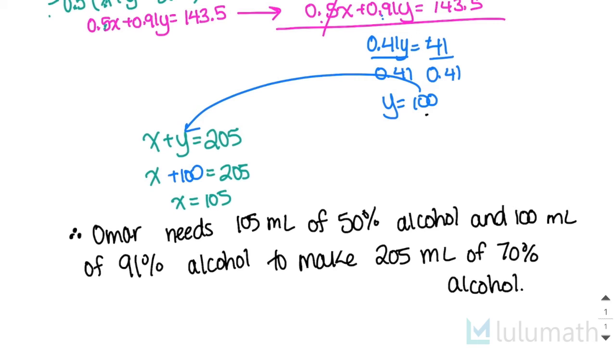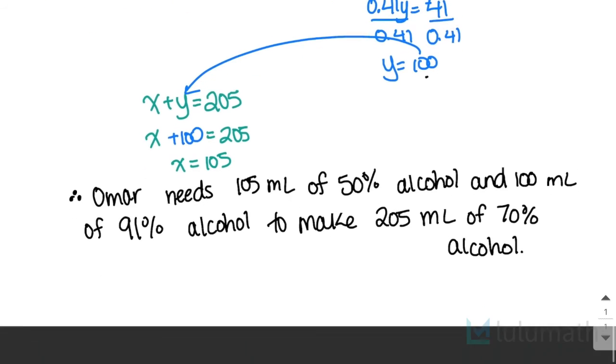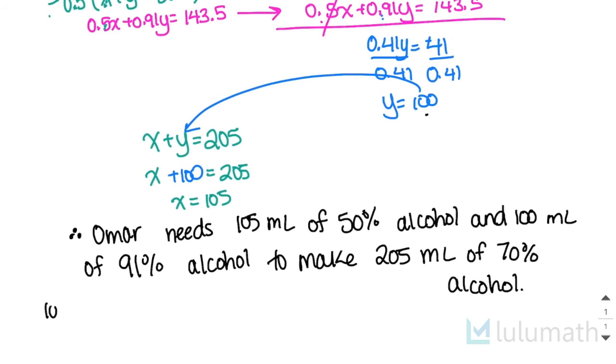Now we just need to see, does our answer make sense? Well, it should make sense because 105 milliliters plus 100 milliliters is equal to 205 milliliters, okay?